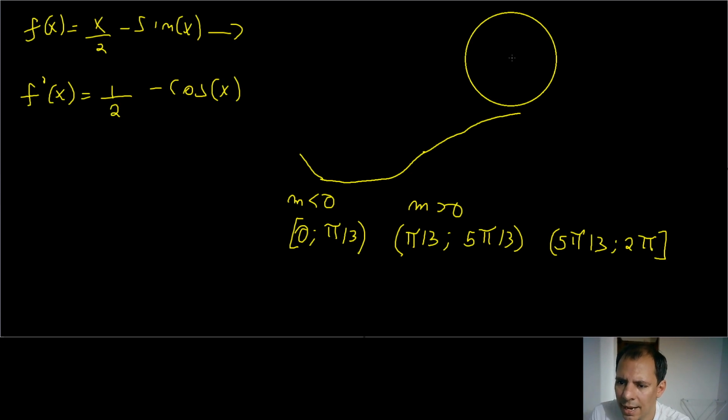And here the cosine is going to be half, and the cosine is going to be half in here too. So this domain in here is this way, all the way up to 2 pi, up to here.